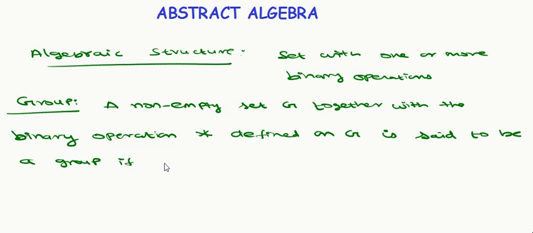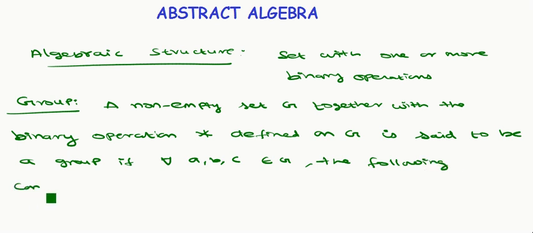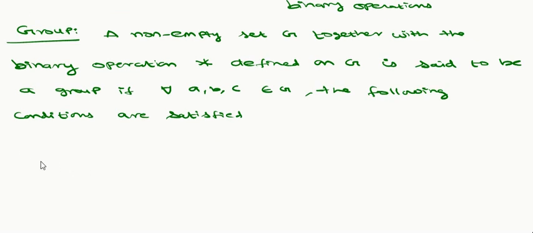If for every A, B, C in G, the following conditions are satisfied. Next let us see what the conditions are.